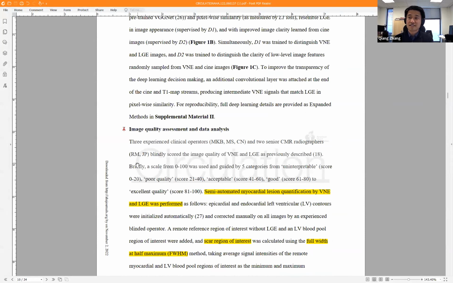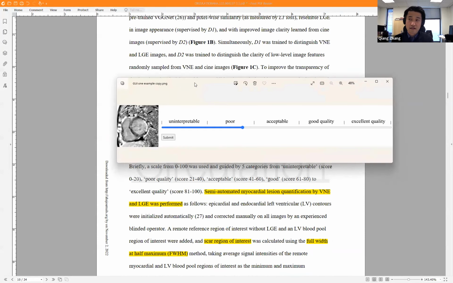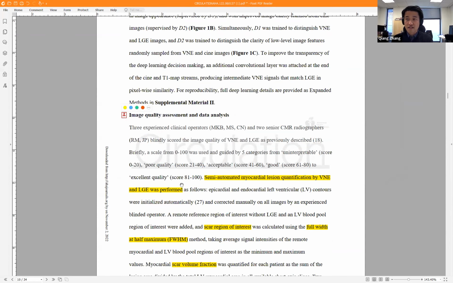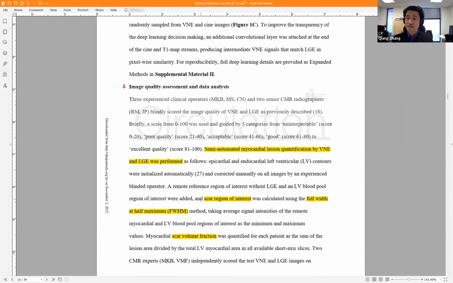For image quality assessment, we use a user interface for the image analyst to blindly score the image quality of LGE and VNE based on these 5 categories. Then for lesion quantification, we use a semi-automated method performed in the same way for VNE and LGE.